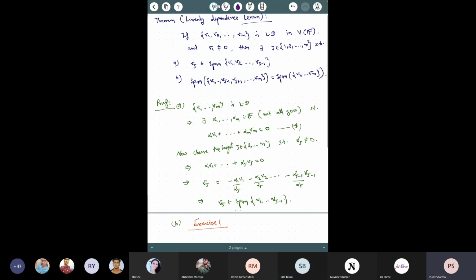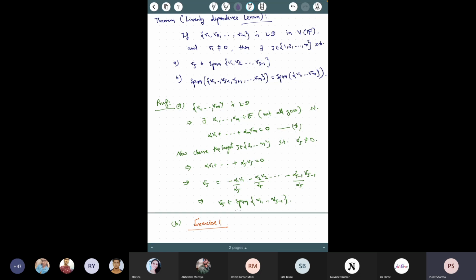So what I'm trying to prove? I'm trying to prove that one vector can be written as a linear combination of preceding vectors, the ones before it. If I take v1, there is no v0 here. So this is just one way of writing the same result. You can say that if you have a set of vectors which is linearly dependent, there exists at least one vector that can be written as a linear combination of other vectors. In a general way, you can say it like this.